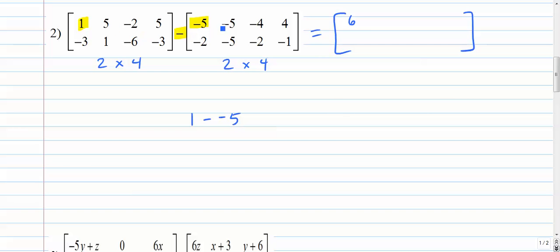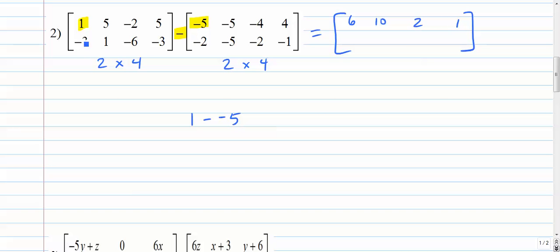5 minus -5, that's the same as saying 5 plus 5. -2 minus -4, that is +2. 5 minus 4 is 1.